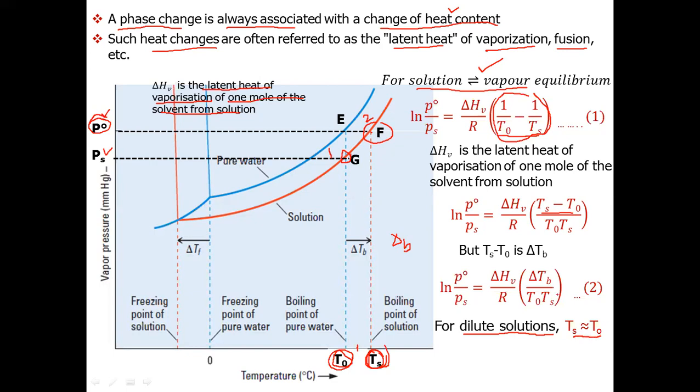So we can substitute Ts by T naught in equation 2 and we will get ln P naught by Ps approximately equal to delta Hv by R multiplied by delta Tb by T naught square. We have put Ts equal to T naught, as for the dilute solution they have almost similar value.